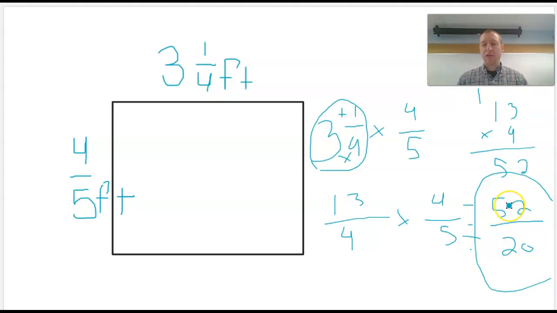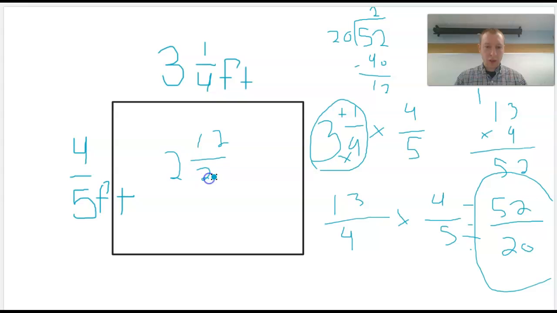How many 20s are in 52? 20, 40. It goes in 2 times. 2 times 20 is 40. Subtract, we get 12. That's our remainder, right? So 20 goes into 52 2 whole times.